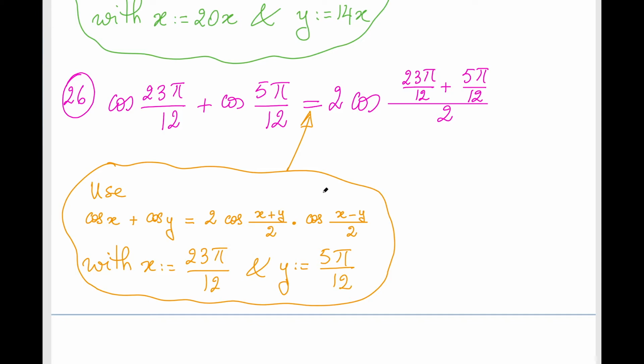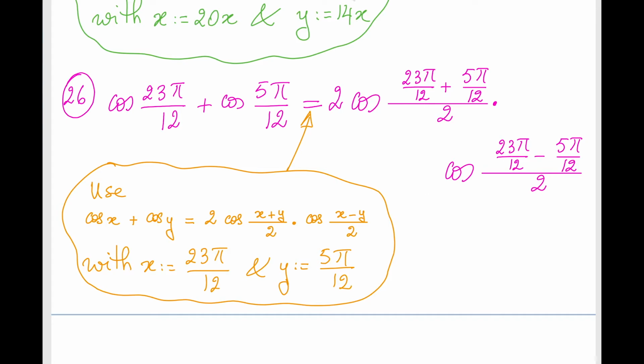Times cosine of the difference over 2, technically the same one, but now I have a difference, so cosine of x minus y over 2.